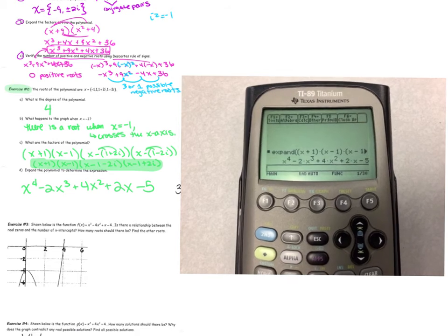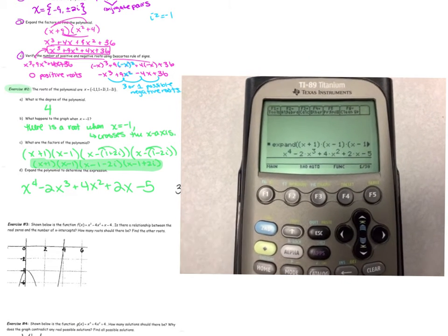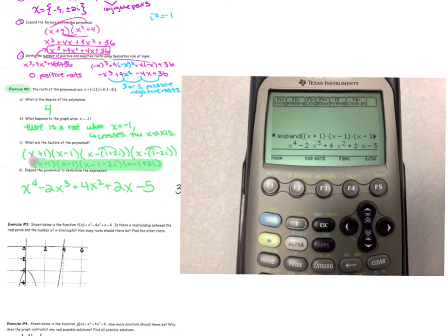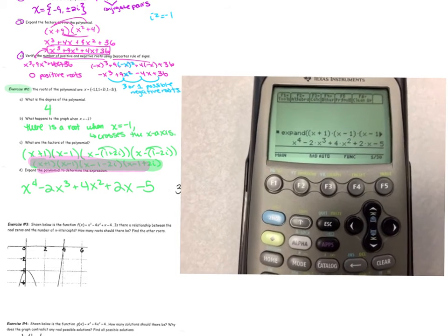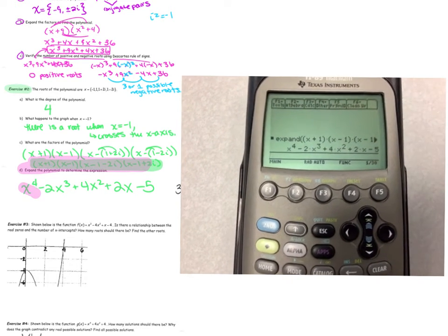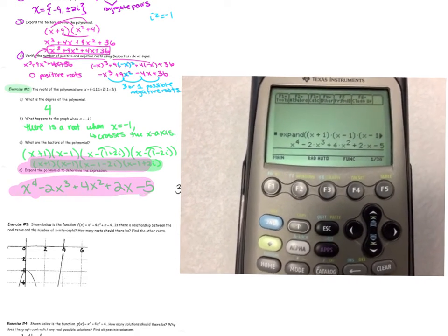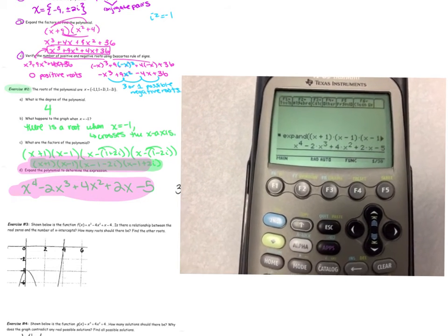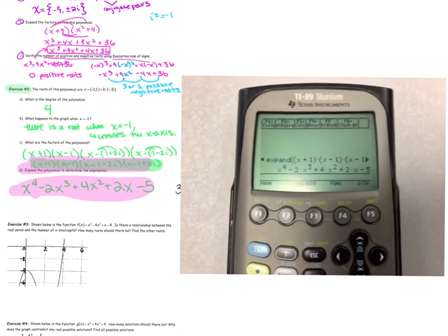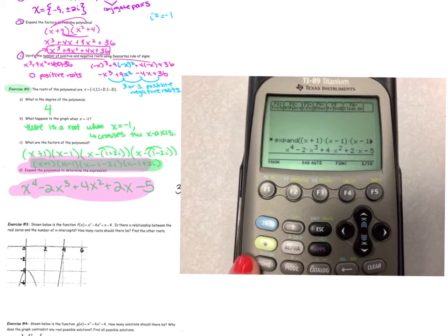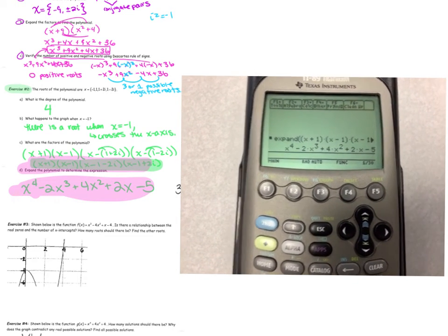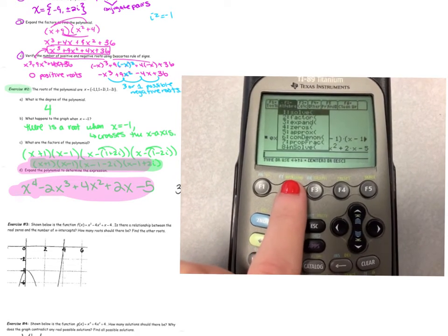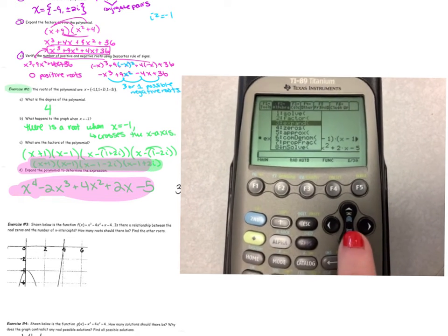All right, so I'm about to show you how to get this expanded in the calculator in just a few clicks of the button. So follow along with my screen here on the calculator. If you just go into your home screen, we're going to hit F2, scroll down to expand.